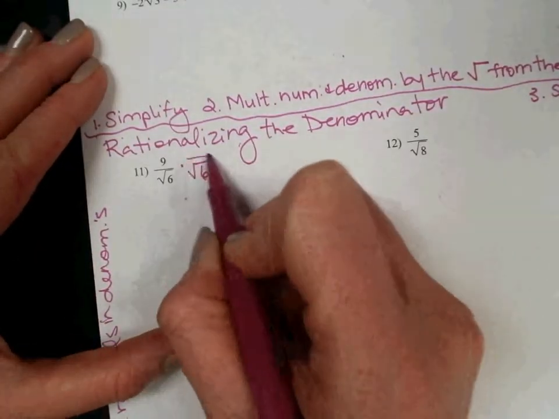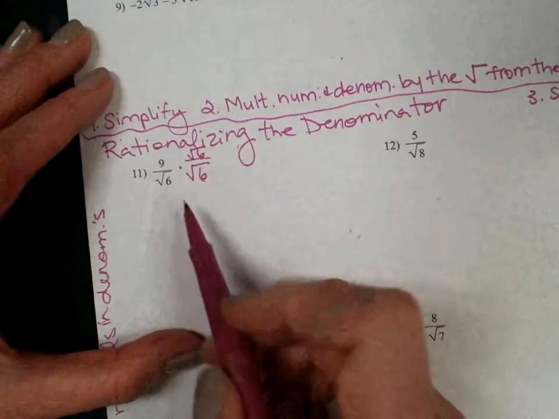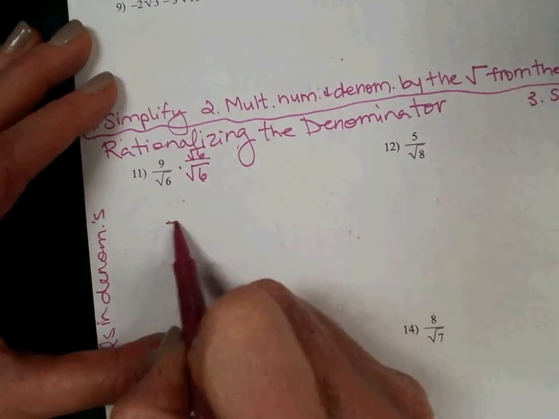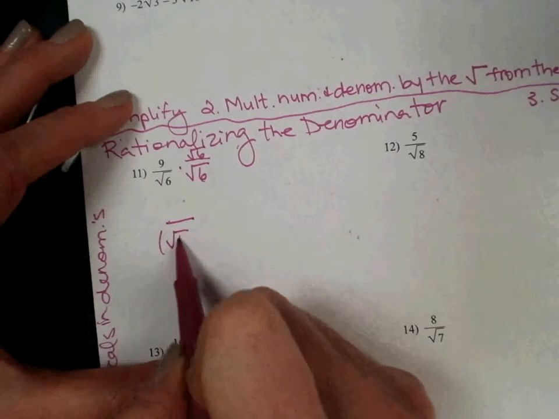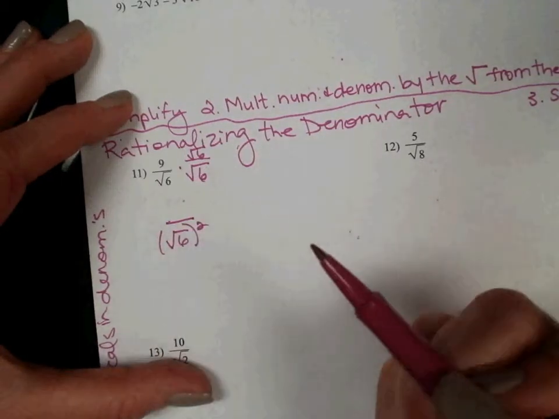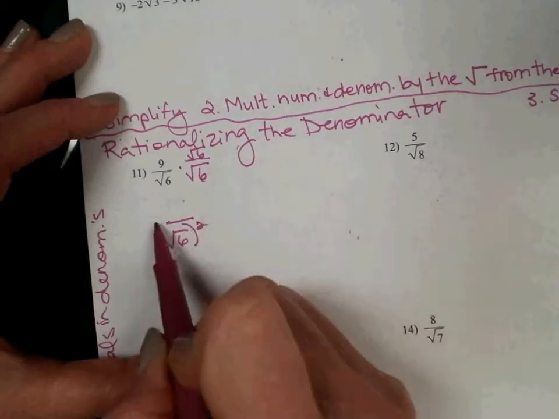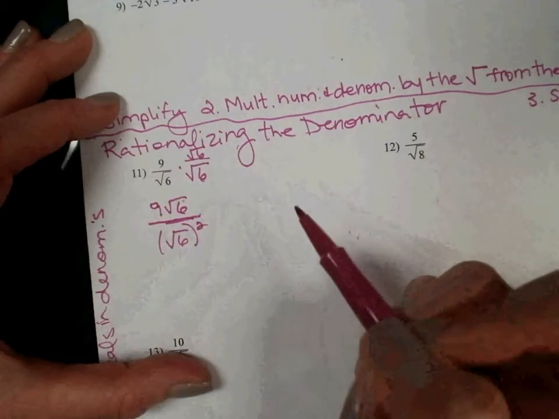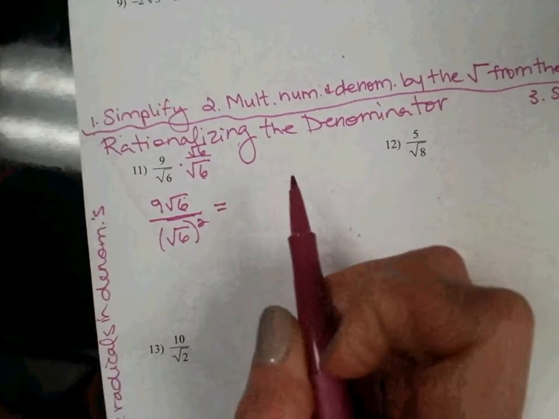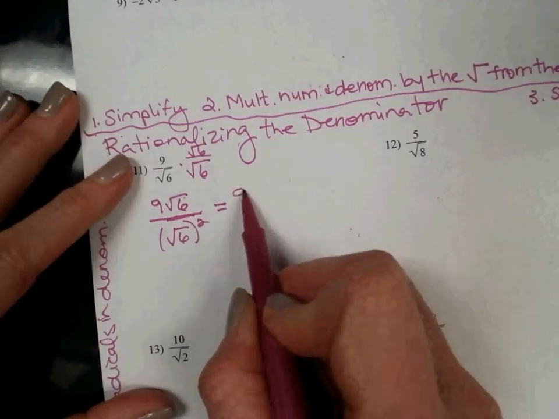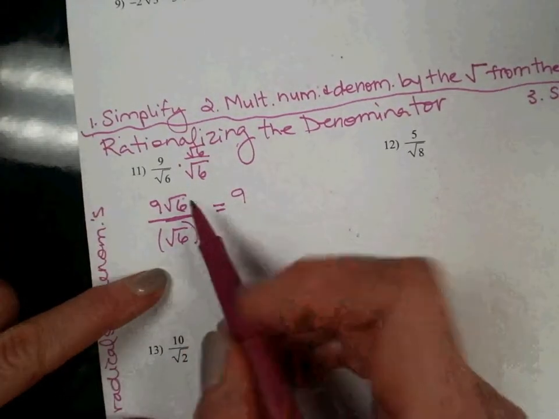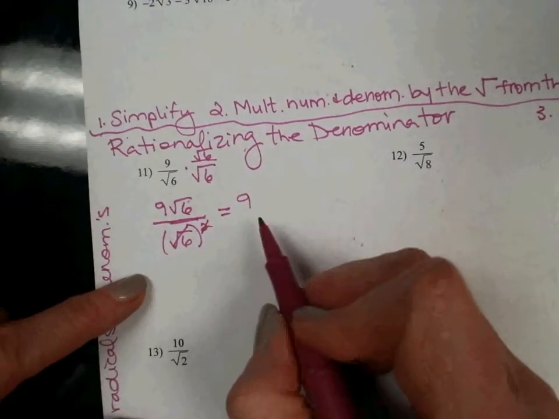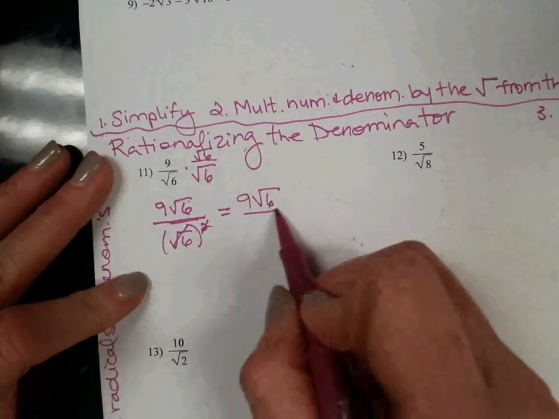So what we're going to do is multiply the denominator by radical 6 and the numerator by radical 6. And we do that because radical 6 times itself is radical 6 squared. The numerator, just multiply numerator times numerator, so that's 9 radical 6. The squared and the square root, just like we did yesterday, cancel out.